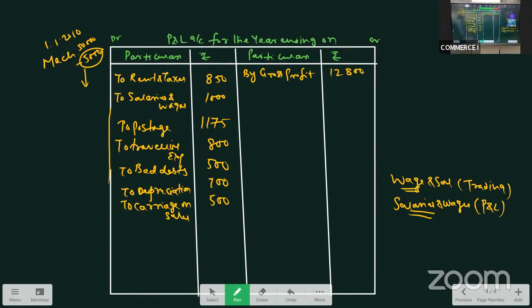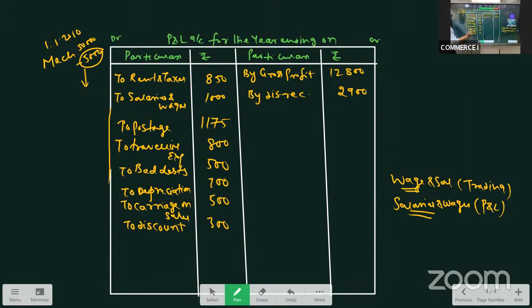Then discount paid, that is discount allowed. Discount allowed is an expense. We take it 300. And we have discount received. Discount received is 2,900.